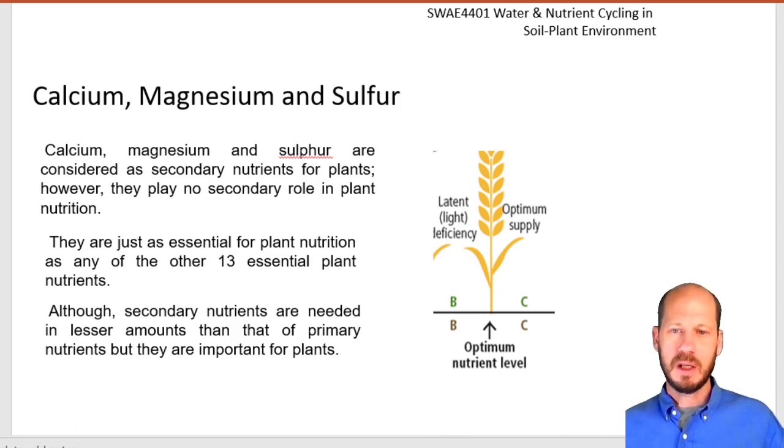So in most situations, you can go without using them as fertilizer. But in special situations you might need to use them, especially sulfur now, because we don't have atmospheric pollution and acid rains depositing sulfur in our soils anymore.